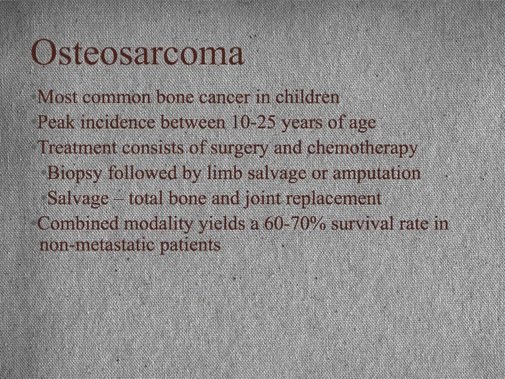So osteosarcoma is a very common bone cancer in children, and as you can see, it's your older children, starting at around the age of 10 and going into early adulthood. Of course, you can see it before or after that.